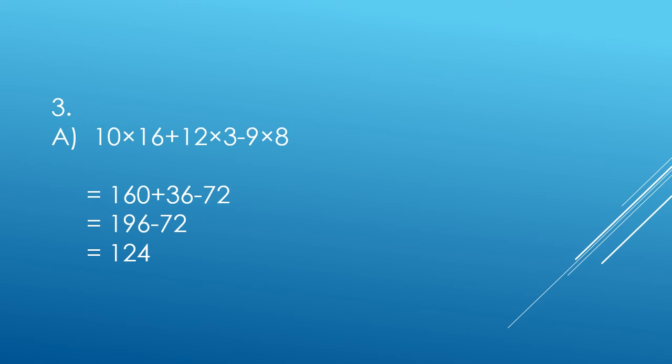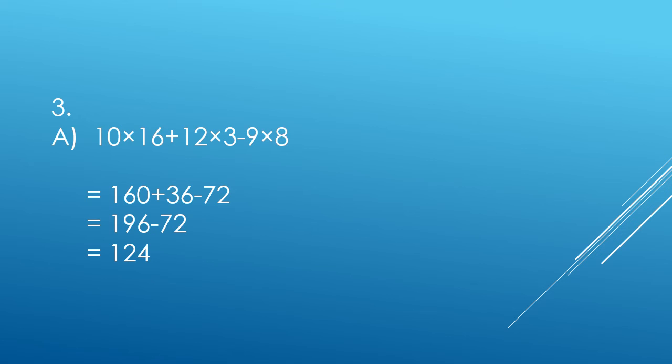So after multiplying 10 and 16, we get 160. After this, we are having a plus sign, so you have to copy the plus sign as it is. So now we'll multiply 12 and 3. After multiplying 12 and 3, we get 36.